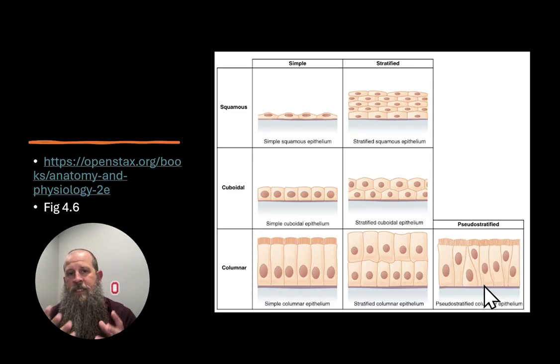So every cell touches the basement membrane, and so that by definition can't be stratified, because in our stratified epithelium the apical cells do not touch the basement membrane. So this is pseudostratified. And then imagine there is another one that's not pictured here. That's our transitional epithelium that has those dome-shaped cells that has the ability to stretch and expand. So those are the different types of epithelial tissue.